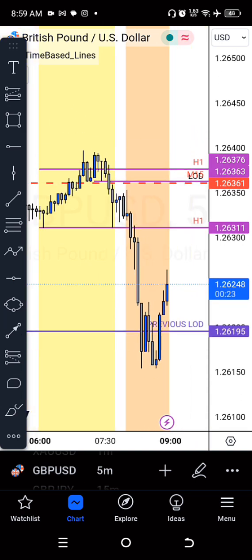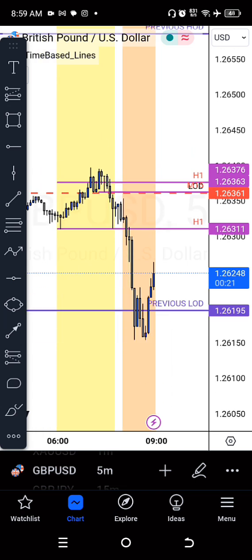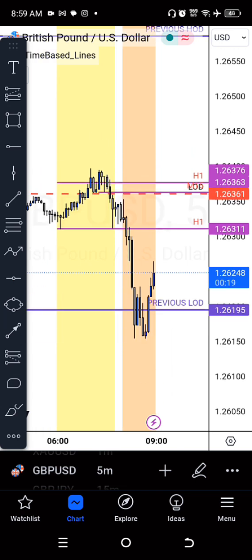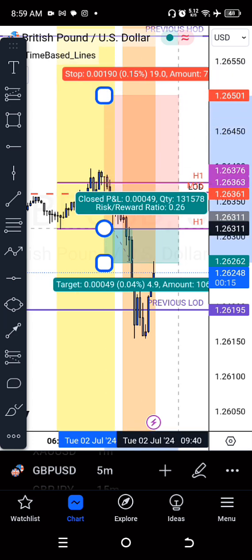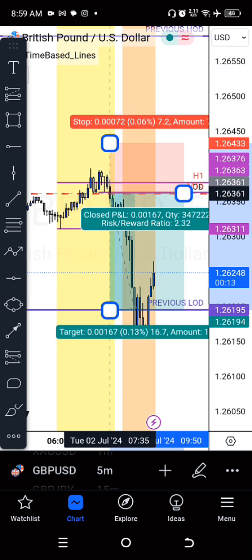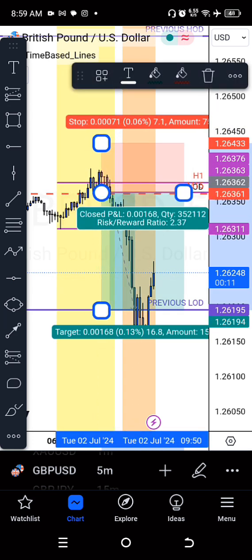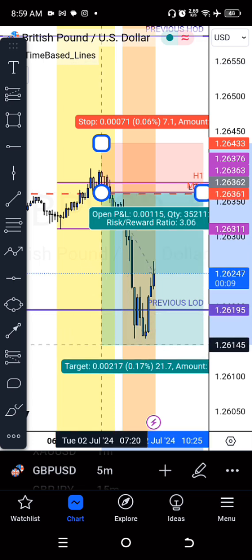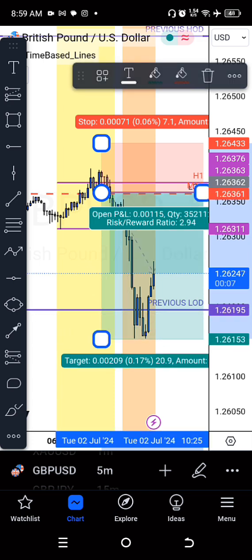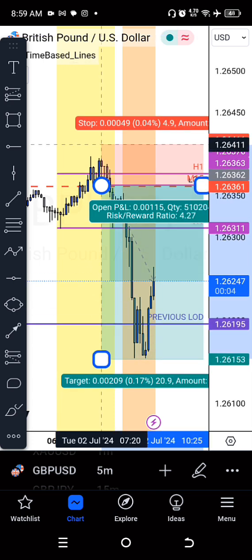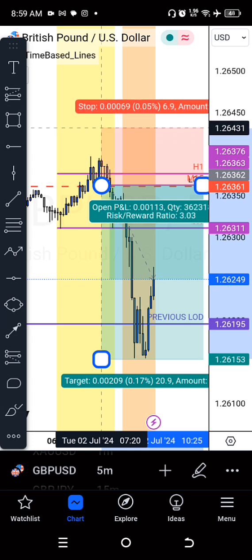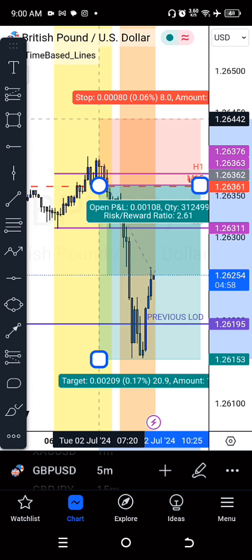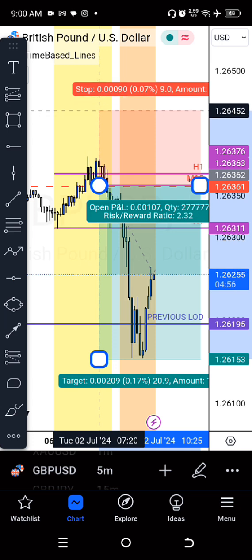Alright, so if I'm to sell this market, I'll be waiting for the market to retrace back to this area. Then targeting the retracement, stop loss just a little bit above the high, let's say 10 pips, because of the market volatility.